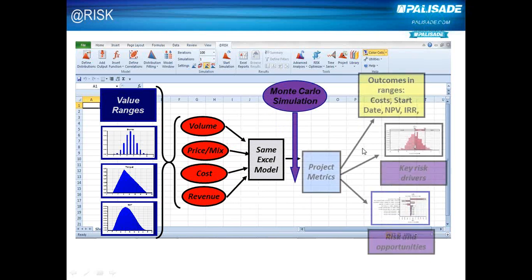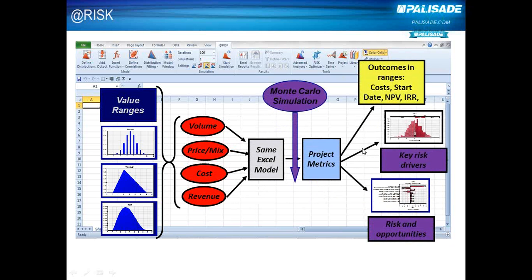We then run a Monte Carlo simulation, and at the end of it, our project metrics are probabilistic and more useful. So we get to see things in ranges. We get to see risks and opportunities and sensitivities and scenarios and so on, which is what I'm going to be showing shortly. So I just wanted to give a little bit of an overview about the theory behind it, so that when I start showing the software, hopefully you've got a slightly better idea of what I'm talking about.